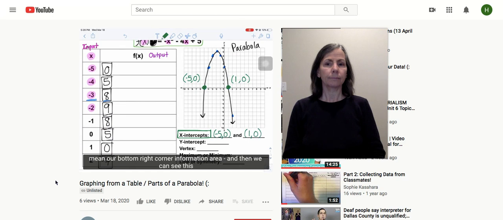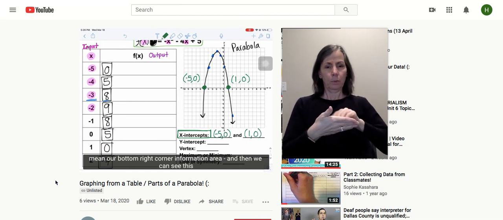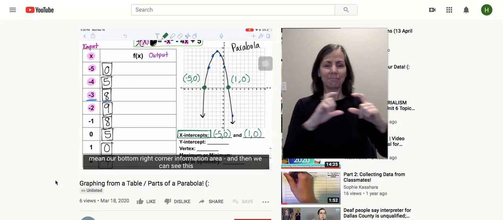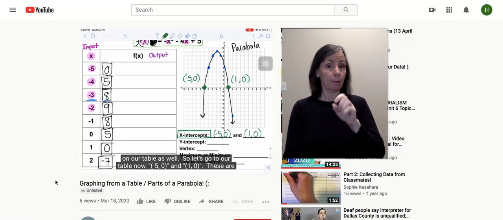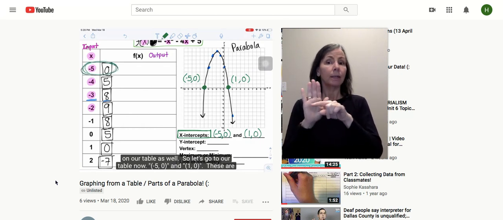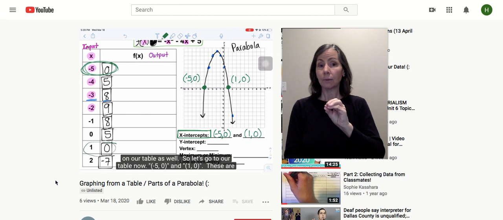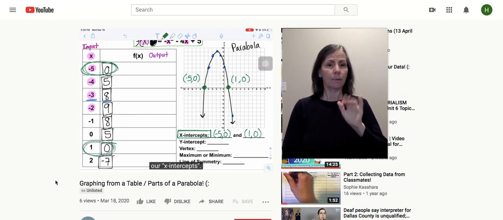Our bottom right corner information area. And then we can see this on our table as well. So let's go to our table now. -5, 0, and 1, 0. These are our x-intercepts.